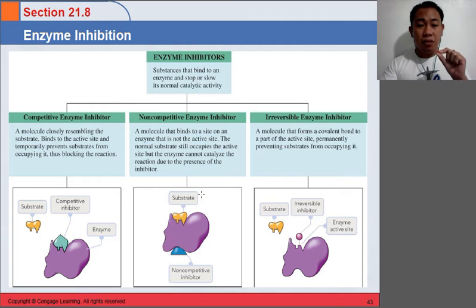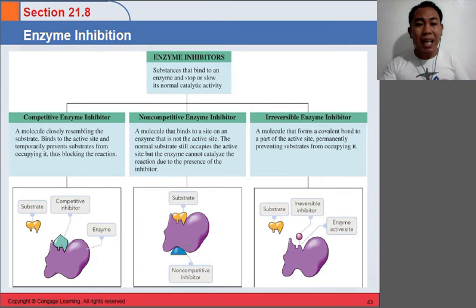We have number two, the non-competitive inhibitor. This non-competitive enzyme inhibitor is a molecule that binds to a site on an enzyme that is not the active site. That is why it is said to be non-competitive, because it does not interact with the binding site or the active site of the enzyme.